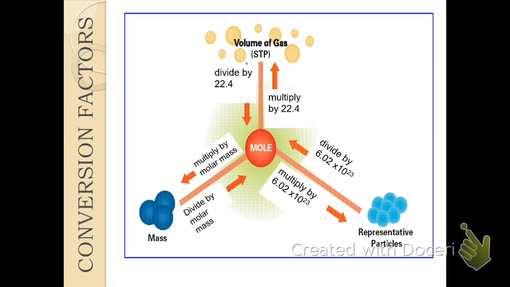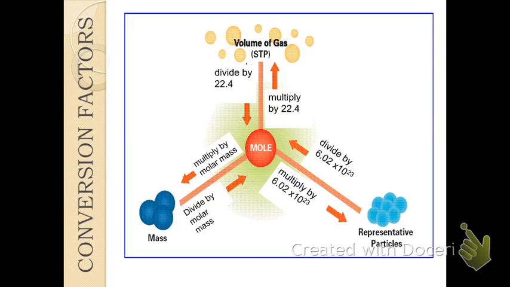It's just a little bit more colorful, but it still has the same. You can still see that mole is in the center. You have to go from moles to volume of gas, moles to representative particles, moles to the mass. And you always multiply when you do that. And if you're going from particles back to moles, or mass to moles, or volume to moles, then you're going to divide by whatever number it is that they've given you.